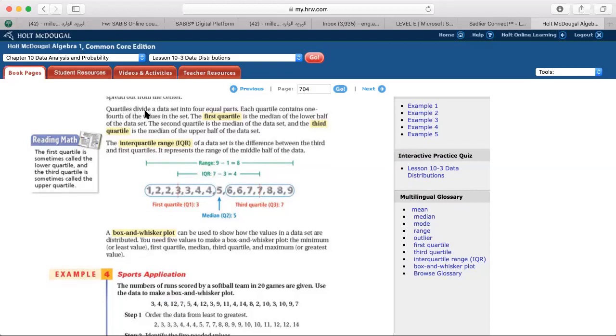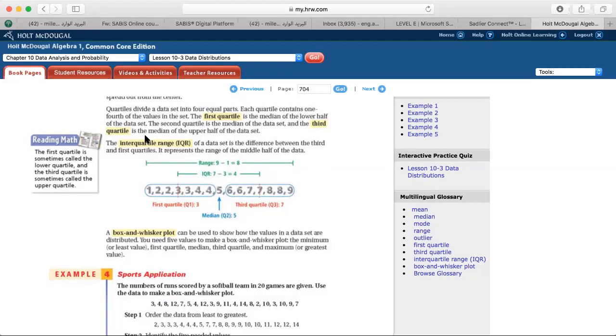A quartile divides a data set into 4 equal parts. Each quartile contains 1/4 of the values in the set. The first quartile is the median of the lower half of the data set. The second quartile is the median of the data set.